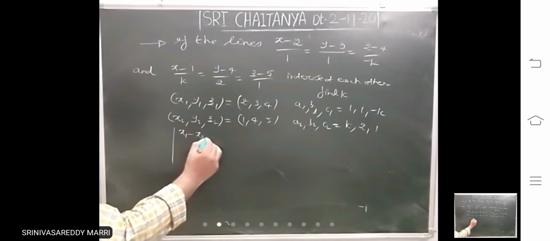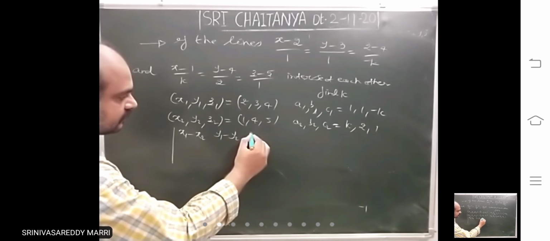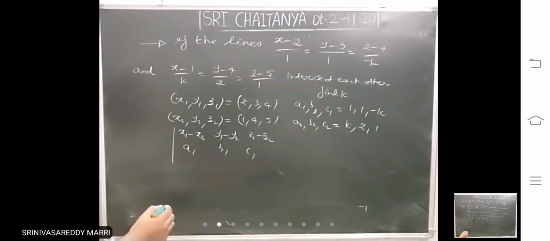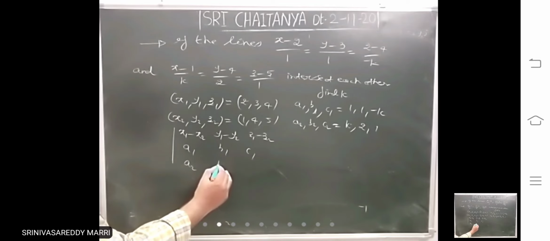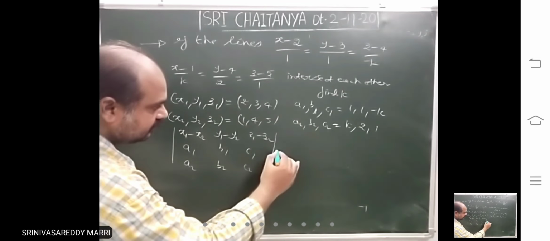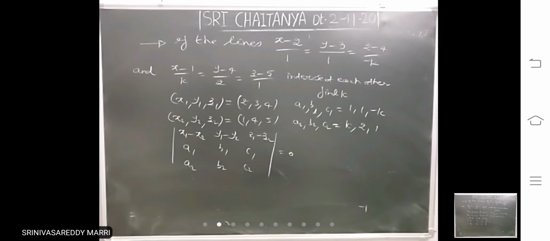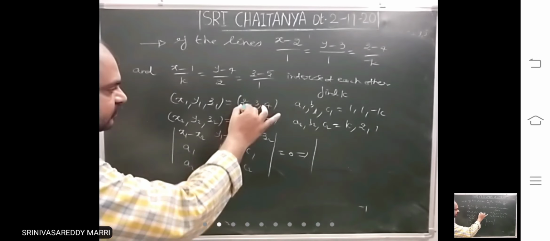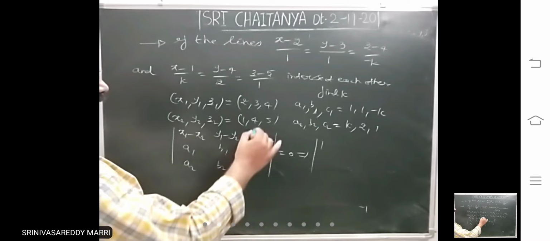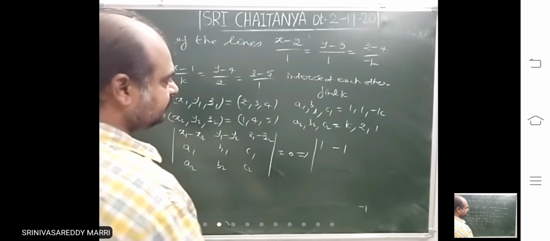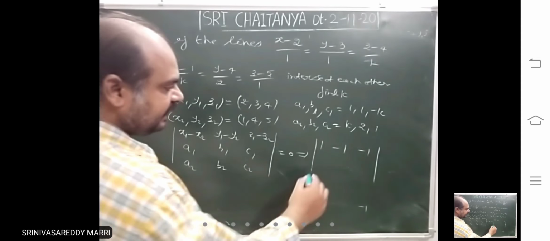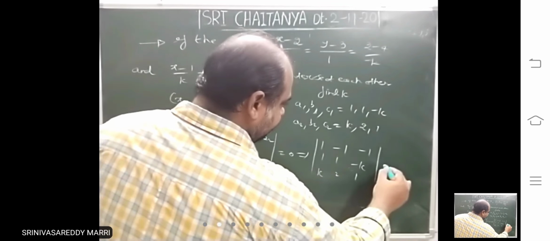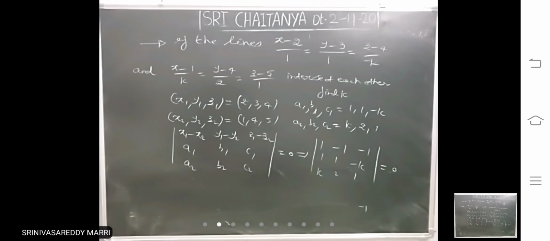Intersecting means the determinant of x1 minus x2, y1 minus y2, z1 minus z2, a1, b1, c1, a2, b2, c2 equals 0. That implies the first row is 2 minus 1 = 1, minus 1, minus 1.